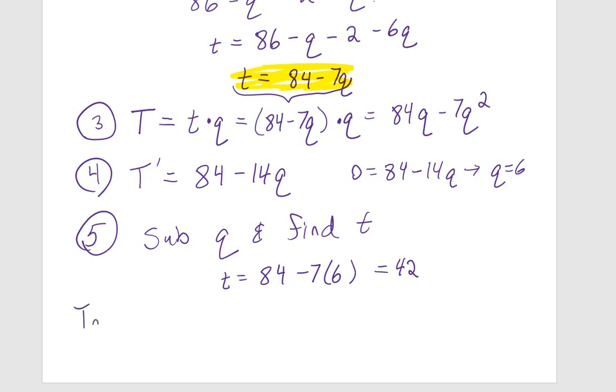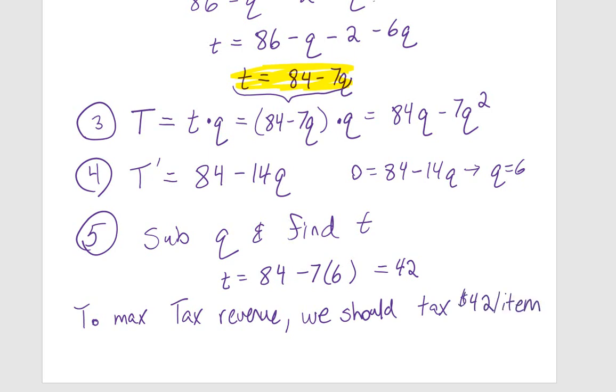So in order to maximize tax revenue, we should tax $42 on each item. Awesome, and there you have it.